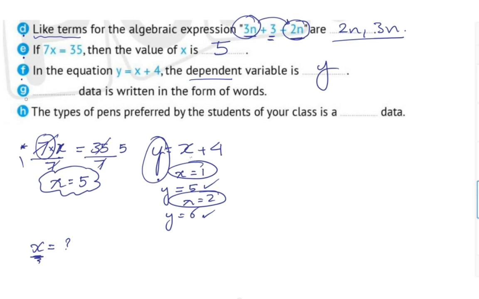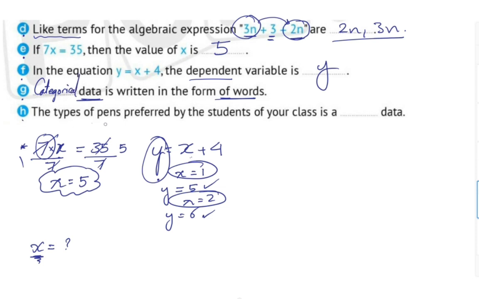Okay, point G. Data that is written in the form of words. I have two types of data: numerical, which is numbers, and categorical, which is words. So data in the form of words is categorical.